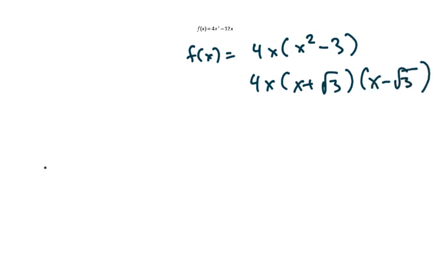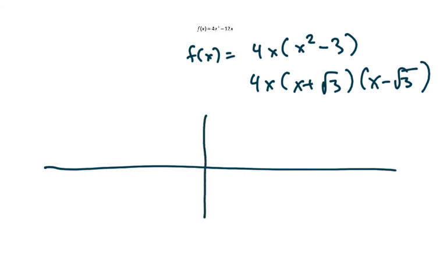So now we know that this thing crosses at 0. 0 is coming from here. Negative square root 3 and positive square root 3, and that's from these two.